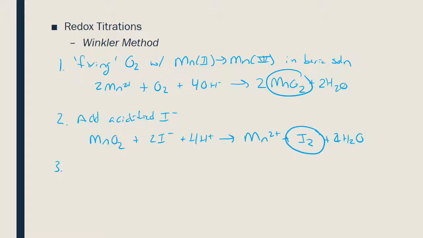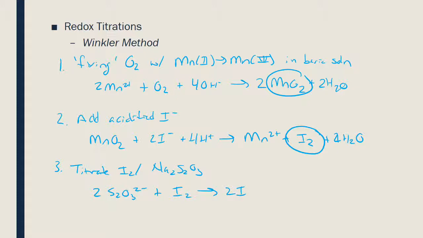So then we're going to titrate that iodine with sodium thiosulfate, just like we did previously. This is a very common method, the iodine thiosulfate titration. It is used all the time. So then we do the same reaction we did previously with the iodine and the sodium thiosulfate.